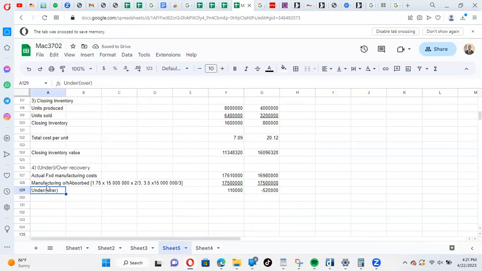This is what we put in our calculations there. Remember, we used this 1.75 to calculate our gross profit. But the amount that we put is less than the amount that was actually incurred. So hence we have an extra expense that we need to deduct. Here we're over, so this is going to come in as an extra income, because we put up more at 1.75 but we actually incurred less.